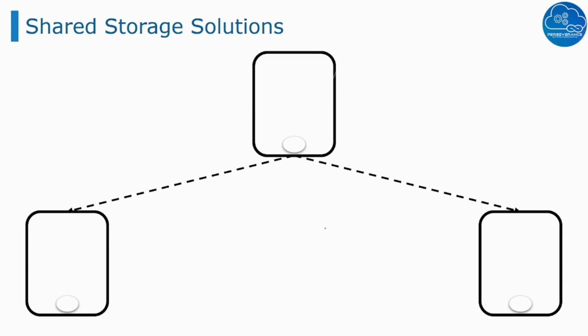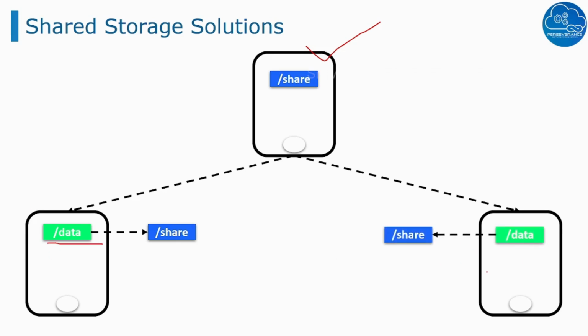When we see that with transitions, we have something like /share on a centralized area. And what we do is map the /data path on all required servers to /share, and this /share is not here, it is the centralized /share.